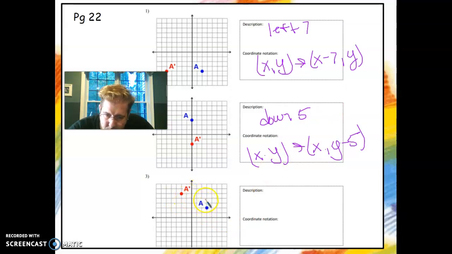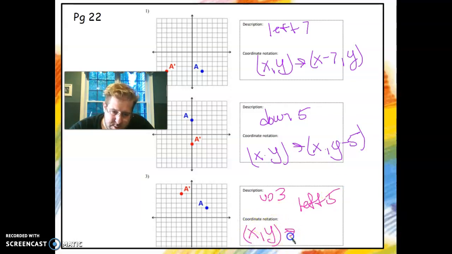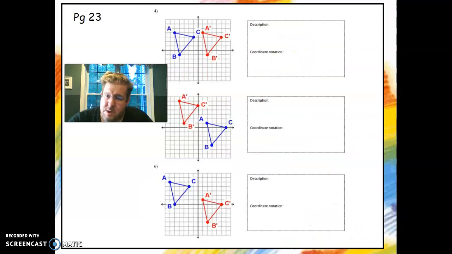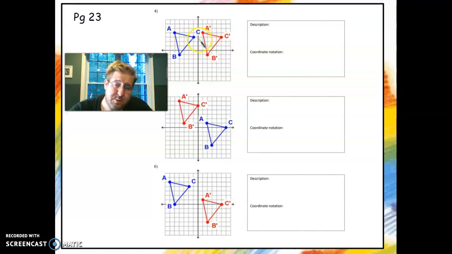This is up 3, and left 5. So that would be (x, y) turns into (x minus 5, y plus 3), since left 5 is X minus 5 and up 3 is Y plus 3.